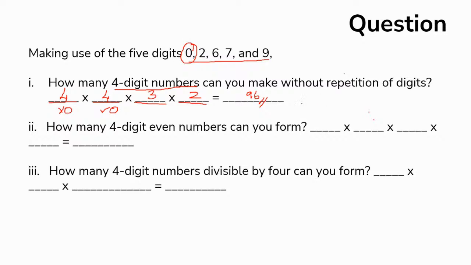Moving on to the next question. How many four-digit even numbers can be formed using these digits? So even numbers are to be formed. 0, 2, 6, 7, and 9 are the digits.